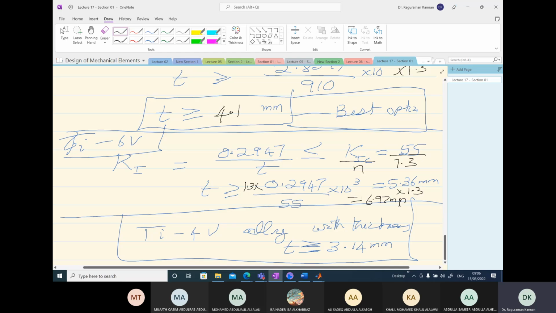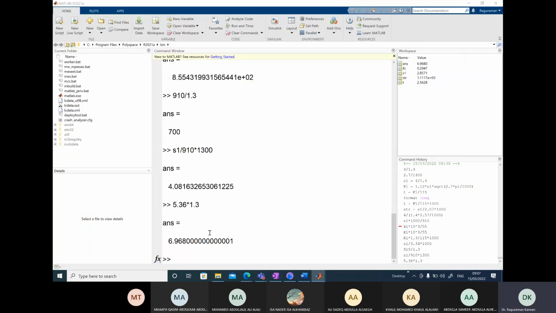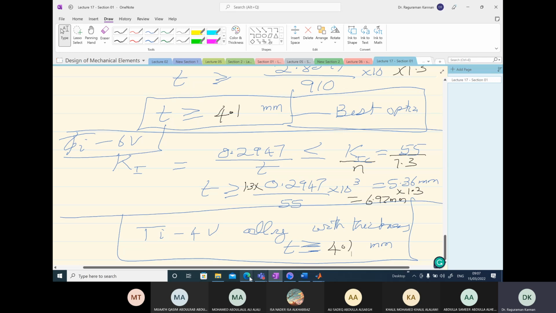So among the two options, 4.1 millimeter is the least option, and with the factor of safety, we have to choose a material 4V with 4.1 millimeter thickness, and that will not give us any failure. So don't miss the factor of safety.